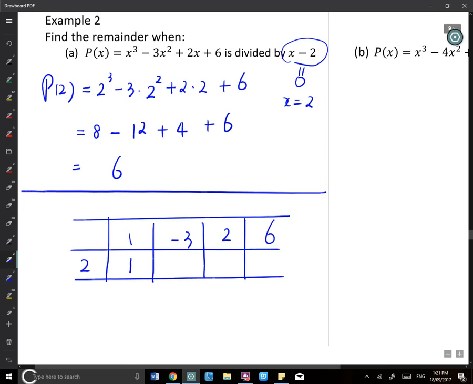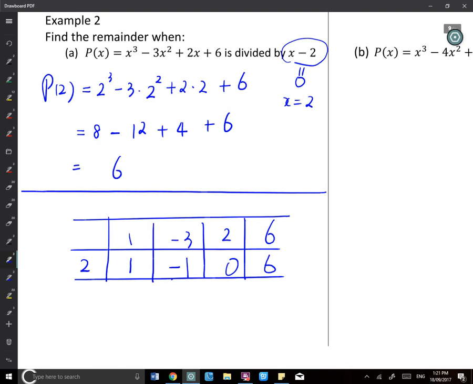I'll bring 1 down first. 2 times 1 is 2. 2 plus -3 is -1. 2 times -1 is -2. -2 plus 2 is 0. 0 times 2 is 0. 0 plus 6 is 6. Can you see that takes about 10 seconds?